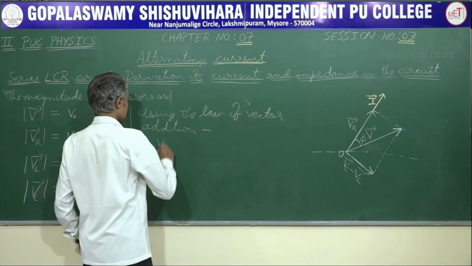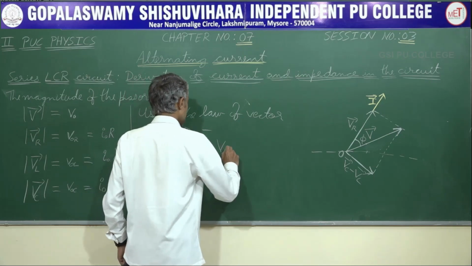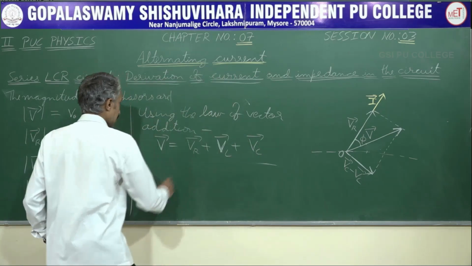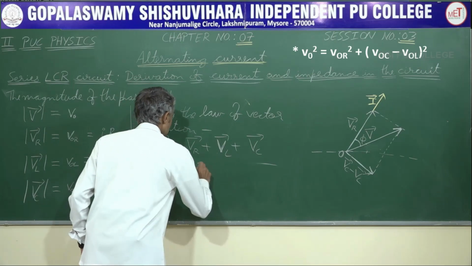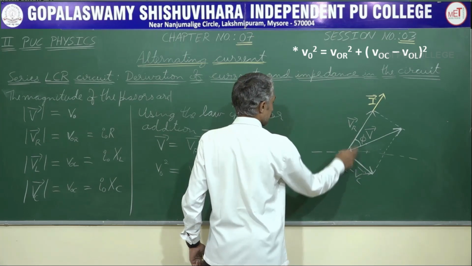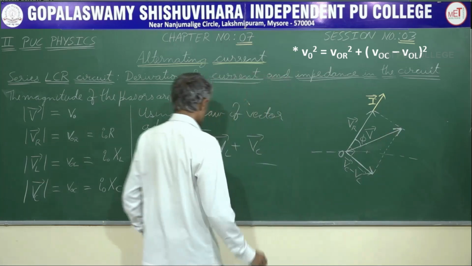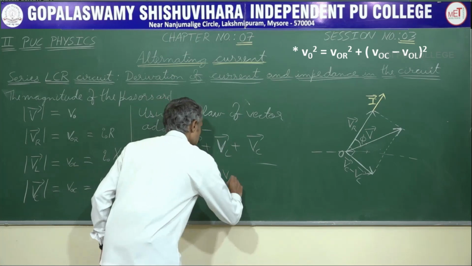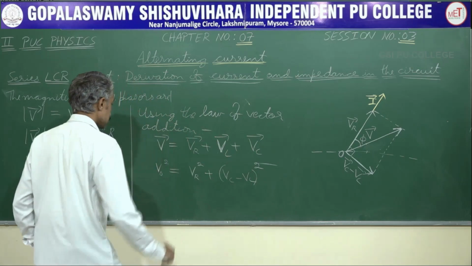Using the law of vector addition, we get V is equal to vector VR plus vector VL plus vector VC. If you consider the magnitude, then V0 square is going to be equal to VR square. Look at the diagram here, VR and VC minus VL are at right angles to each other, and the diagonal is now going to be V0 square is equal to VR square plus VC minus VL whole square.